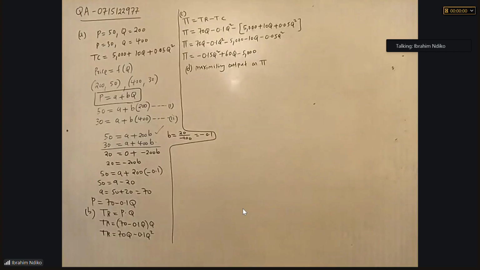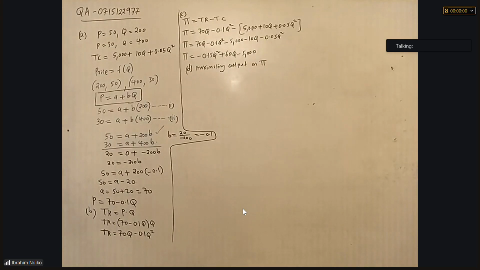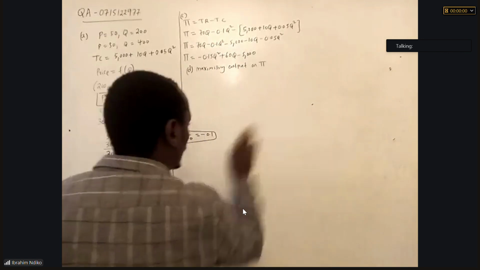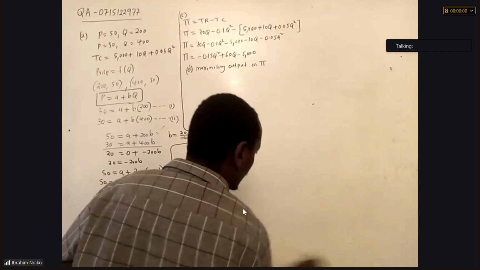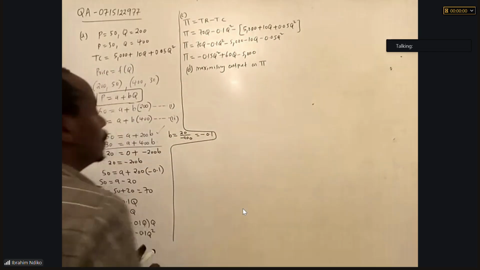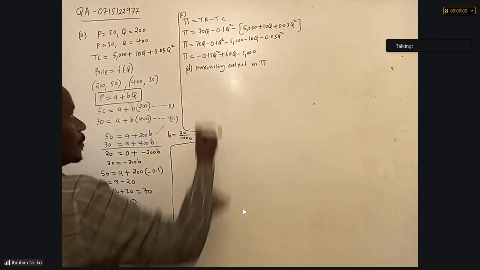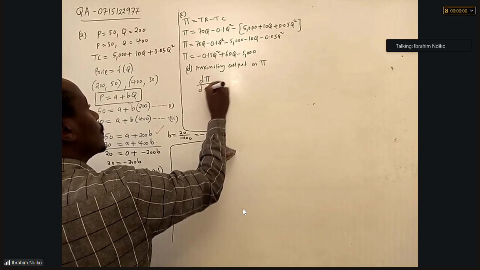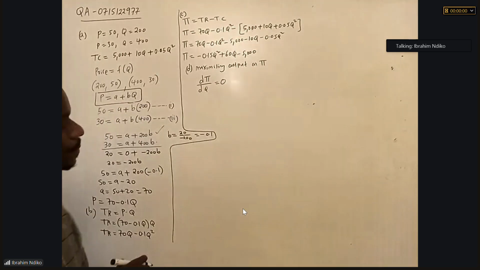The derivative of the profit function. So we say that change in profit over change in Q must give us 0.